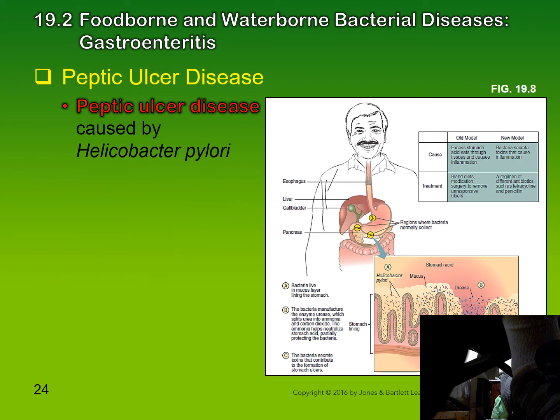Peptic ulcers. Peptic ulcers are caused by Helicobacter pylori, and one of the really fascinating things about this bacteria is that Helicobacter can survive in the very, very low pH of the stomach acid.